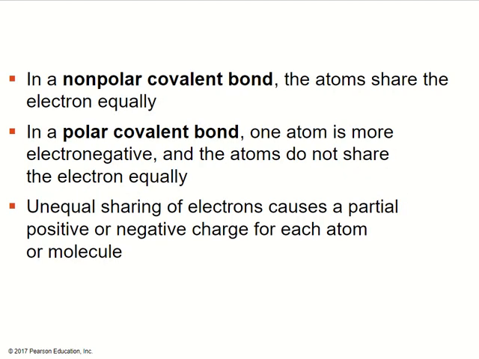In a nonpolar covalent bond, the bonded atoms share electrons relatively equally, whereas in a polar covalent bond, there's an uneven sharing of electrons, where they're closer to the more electronegative atom or element. Unequal sharing can result in partial positive and partial negative charges.